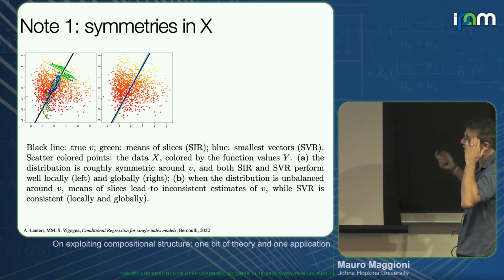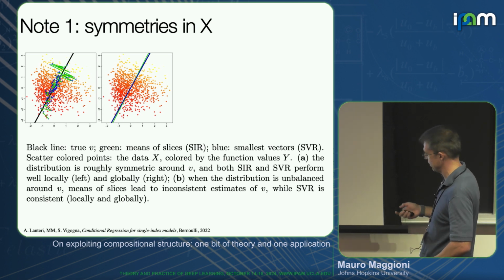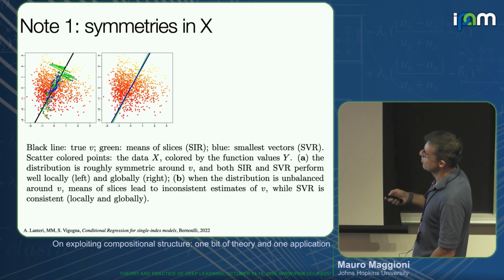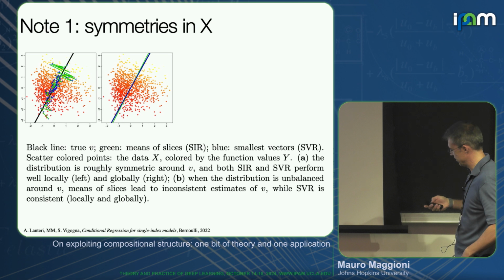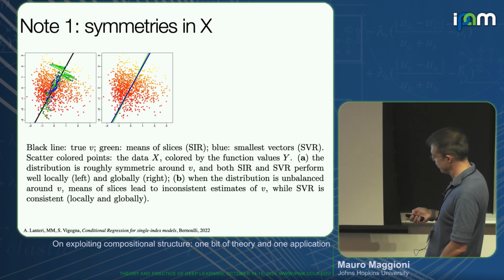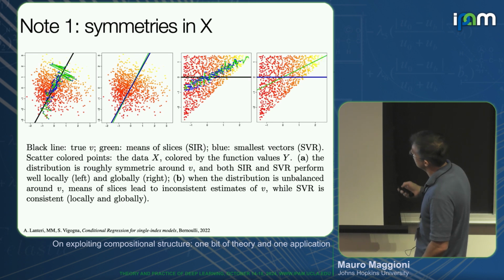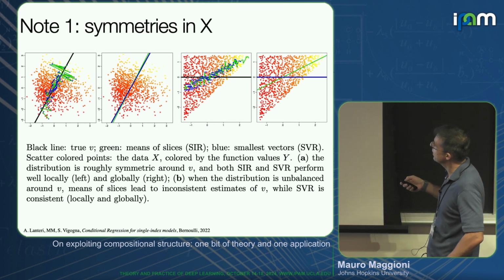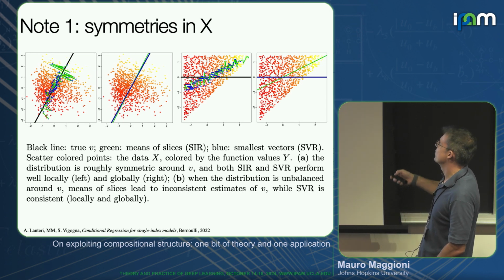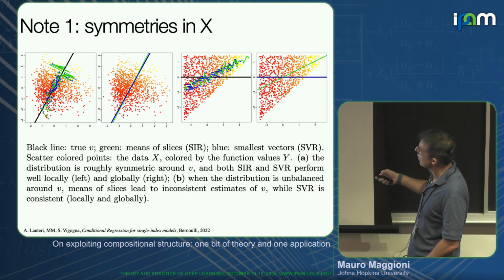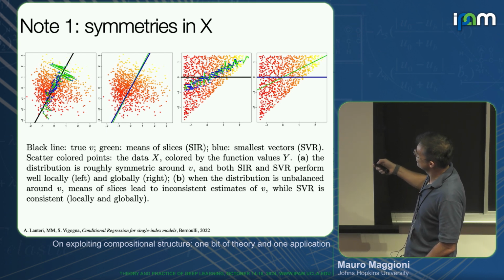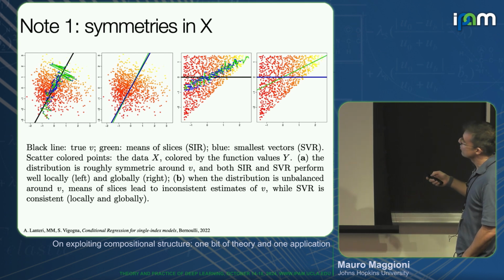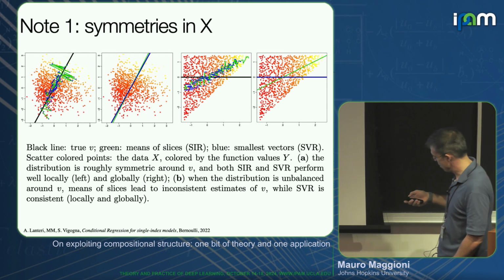This is what SIR does, and there are variations of this as well. And if you do the average of the blue vectors that we compute, you get the same very good approximation to V. But if the distribution is very unbalanced with respect to V, so V is now in this direction and this is the distribution, when you compute the means corresponding to the dots on the green line, you can get an estimate of V which is completely wrong.